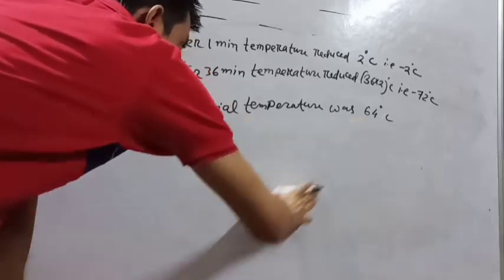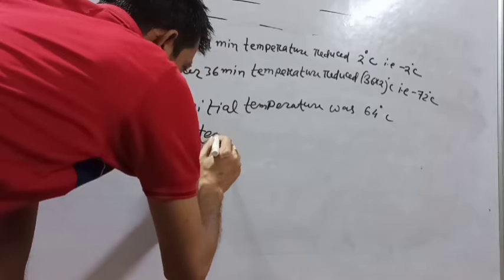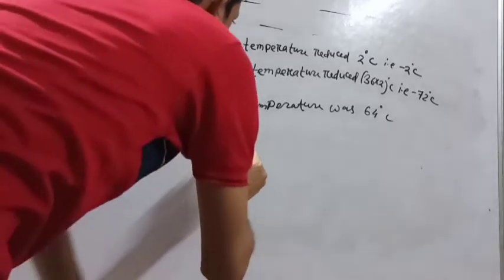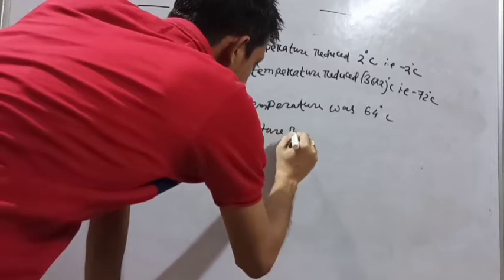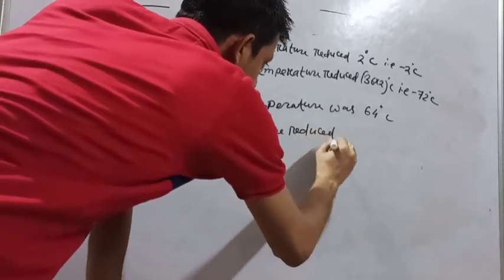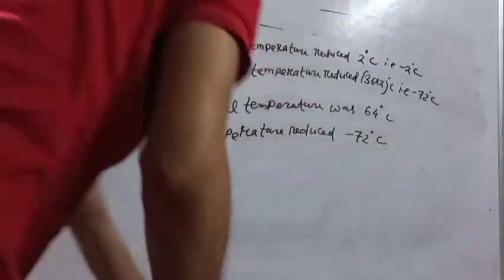Initial temperature was 64 degrees Celsius, temperature reduced by minus 72 degrees Celsius.